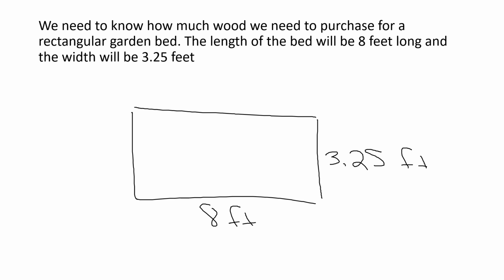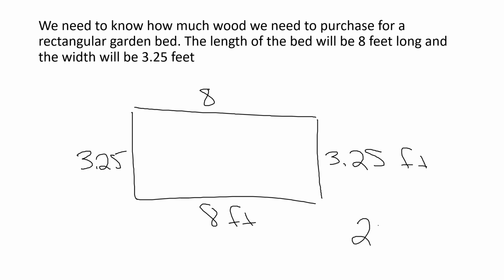And all I have to do, because it's perimeter, is understand if it's a rectangular thing, if one length is 8 feet, the other is 8. If one width is 3.25, the other one is too. And now we just add up 3.25 plus 8 plus 3.25 plus 8. And I got 22.5.